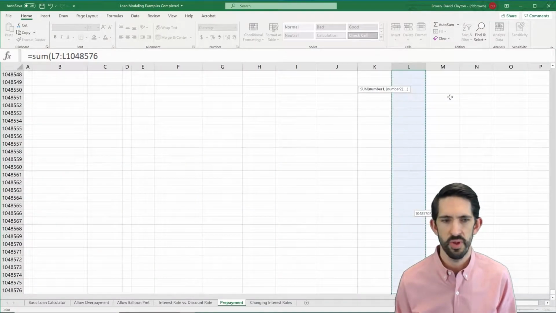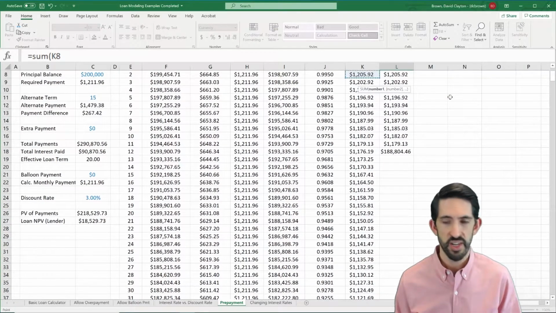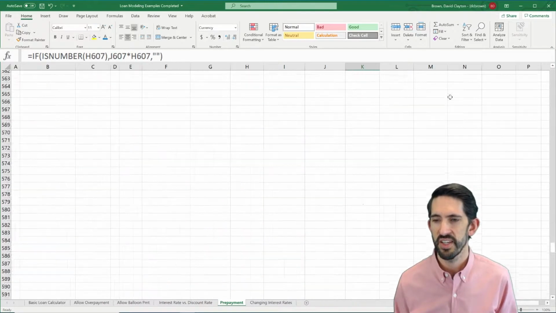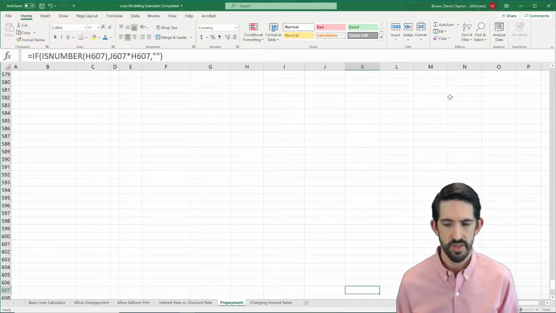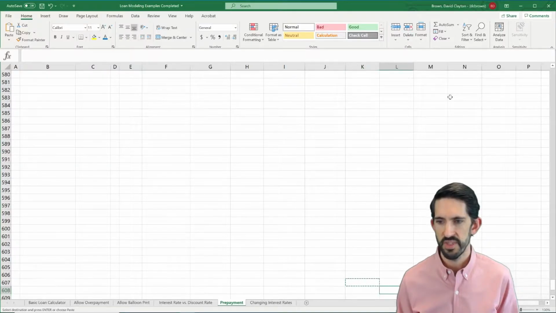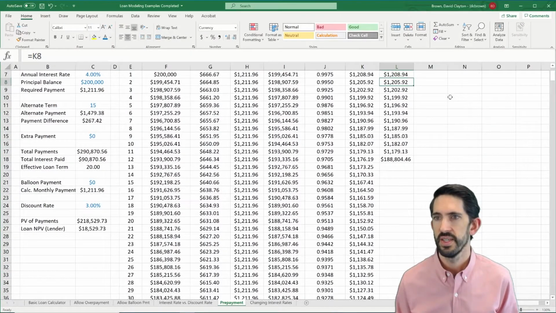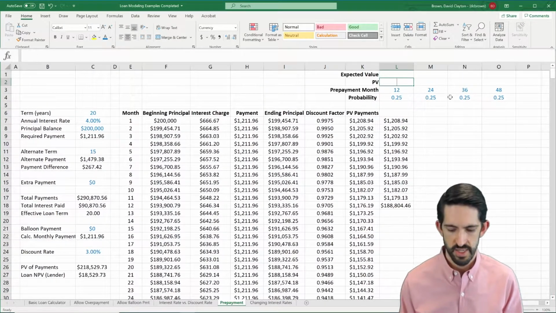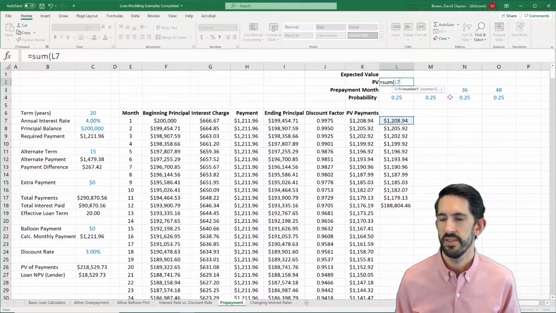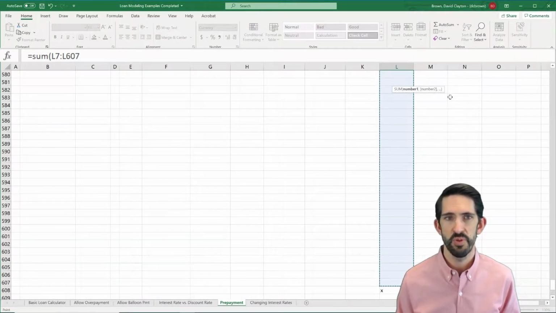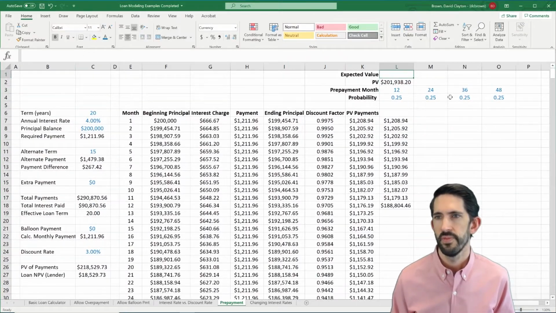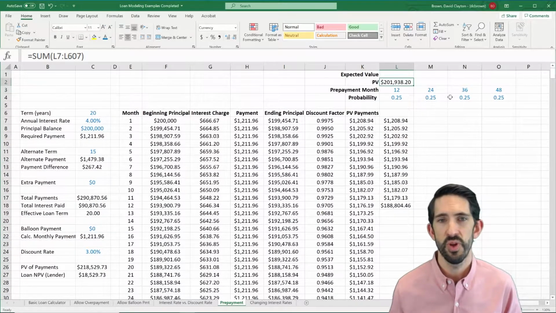Let's actually go all the way to the bottom. And actually, I don't want to go all the way to the bottom. Let's go ahead and actually copy this down. I'm going to my very bottom cell and just putting an X down here. Now I can sum, not all the way to my X, but right before. All right, so the present value is $201,000.